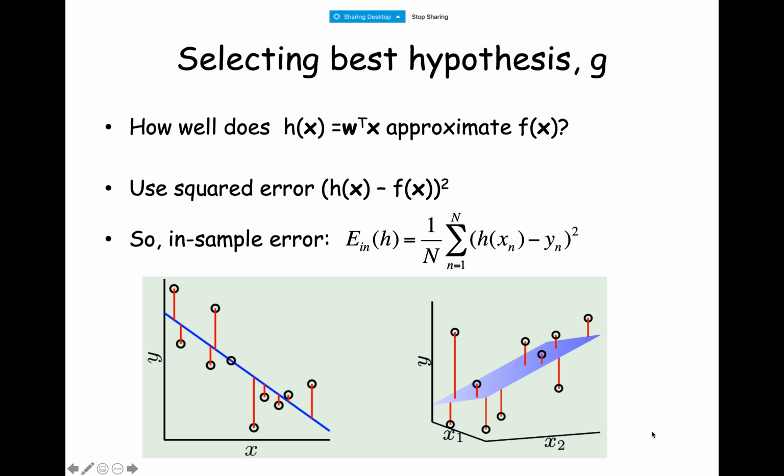So in-sample error associated with a working hypothesis h of x is just going to be 1 upon n, and then we take the sum of all the squared error losses across each of those n many points. So we get the sum for little n goes from 1 to big N, being the number of label instance pairs we have, and we take the squared error loss between h of x and our ground truth f of x, which is y sub n, and then we take that average, 1 upon n, for that summation.